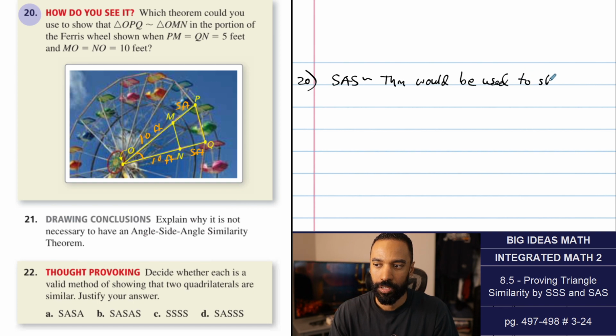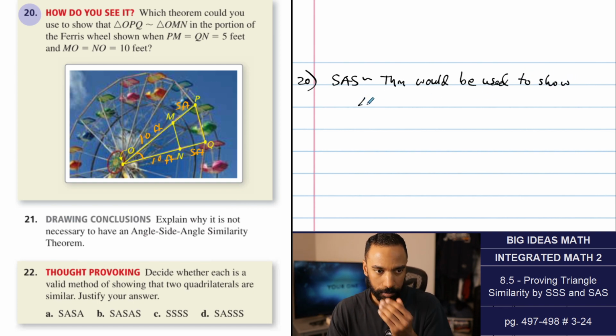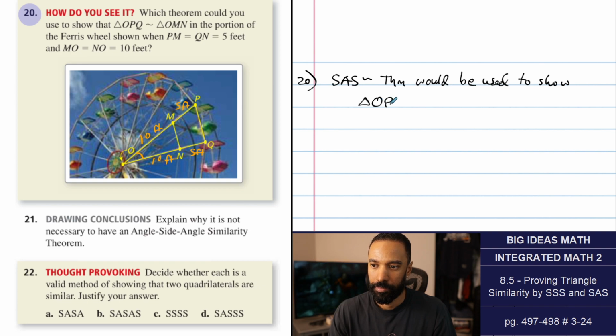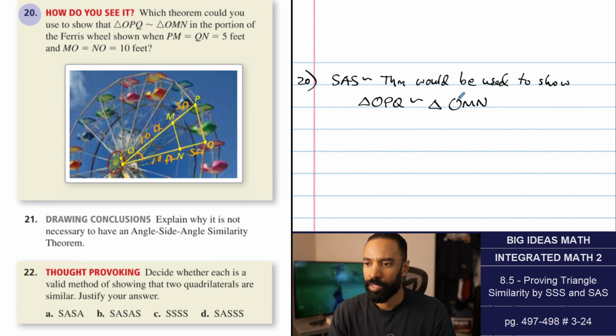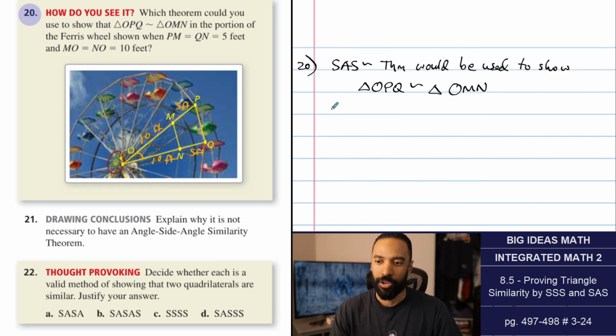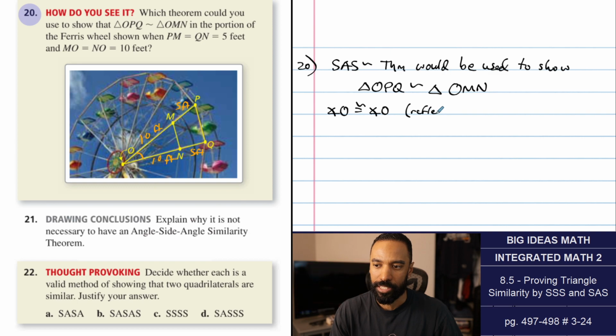It would be used to show triangle OPQ is similar to triangle OMN, because you would say the angle O is congruent to itself by the reflexive property. That's the included angle. And then you would compare these side things.